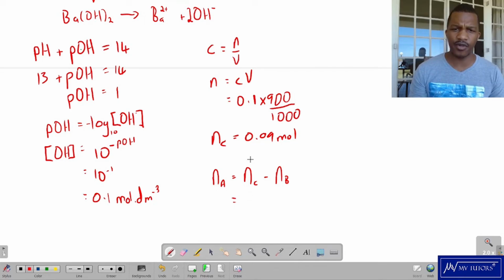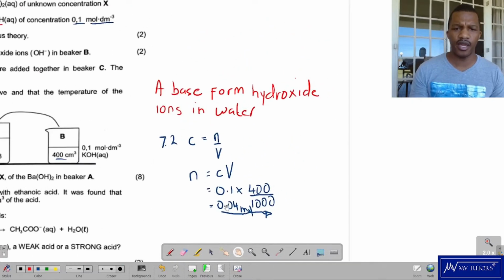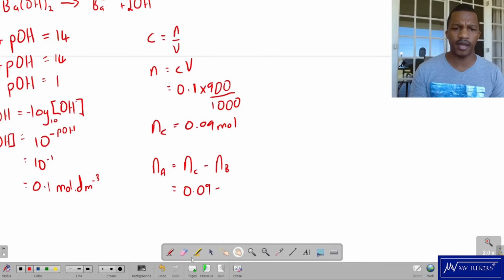So number of moles in beaker C is 0.09. Number of moles in beaker B, we solved them earlier. There they are, it's 0.04. Okay, so we can go back here. We'll put that 0.04. Okay, 0.09 minus 0.04 is 0.05 moles.